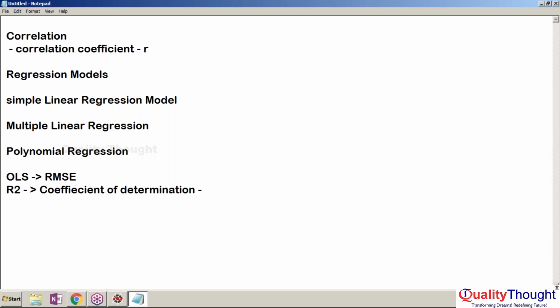Right? All of you understand? Guys, this is what we have seen as the R2 score in each and every program of the simple linear regression model, multiple linear regression model and polynomial regression.